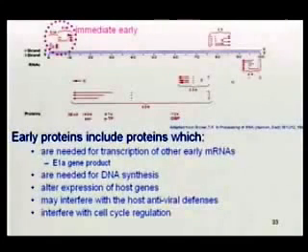Because one thing is that by making your own DNA polymerase, that gives you some independence of the host cell because you can get plenty of it and you're not competing with the host cell DNA synthesis. That's one reason.